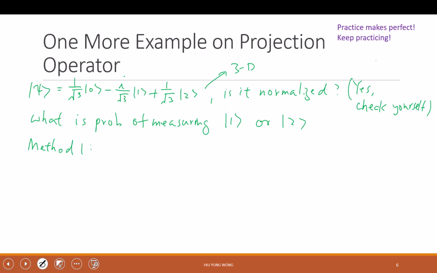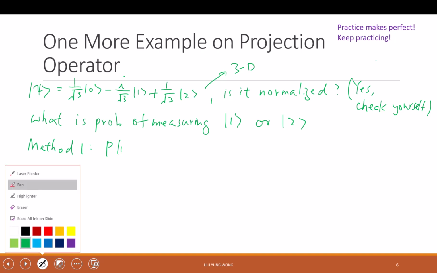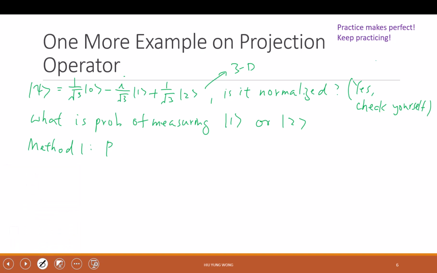What is the probability of getting 1 or 2? It is the sum of the two probabilities: the probability of getting 1, plus the probability of getting 2. Let me use PROB, otherwise you will think it's a projection operator. So what is the probability of getting 1?